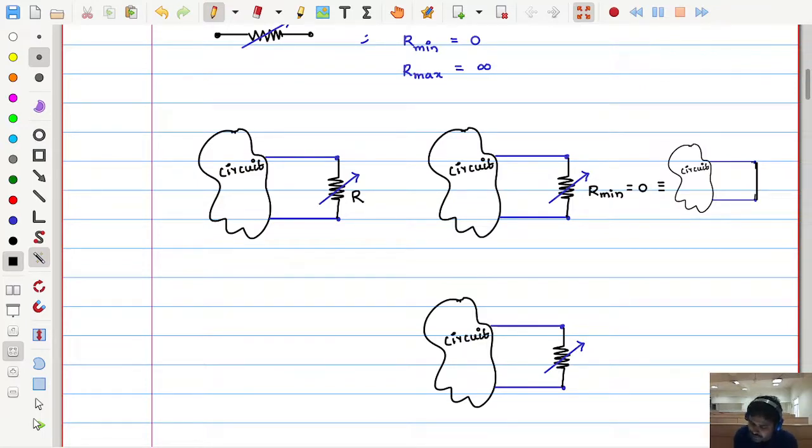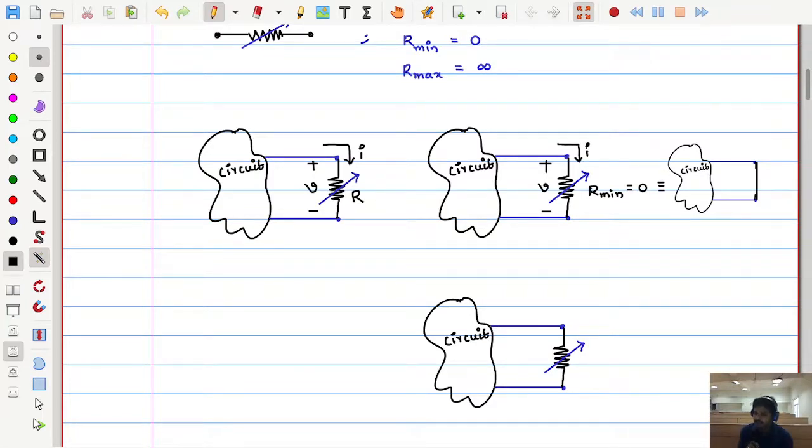Now let me indicate some more things across this. If the voltage across this resistance is V, and the current flowing through this is I, then here also the same thing will be carried. Voltage across this is V and current flowing through this is I.